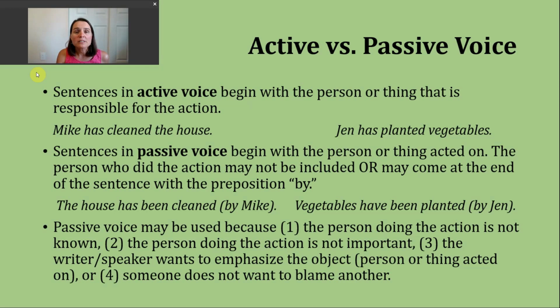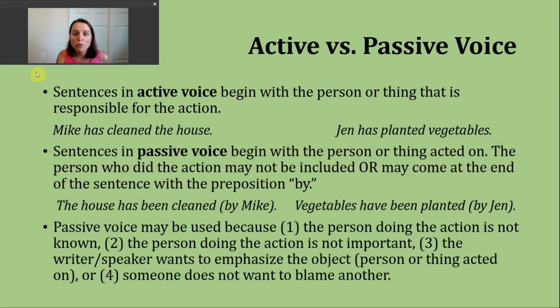A couple examples of this could be, Mike has cleaned the house, Jen has planted vegetables. So in my first example there, I know that Mike is responsible for the action of cleaning, and I know Jen is responsible for the action of planting in the second sentence.